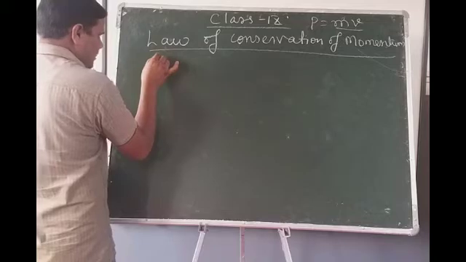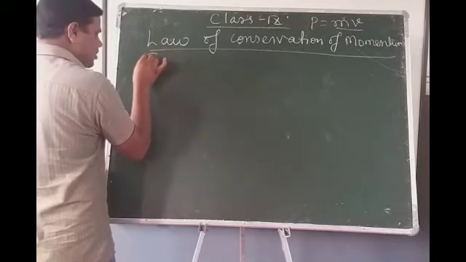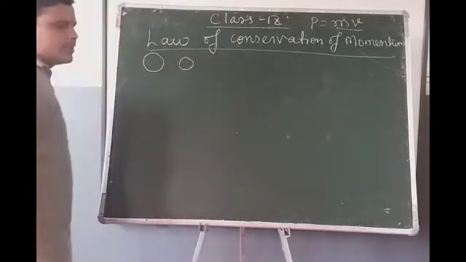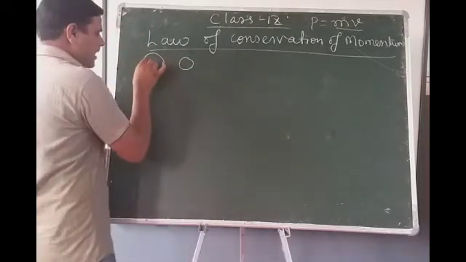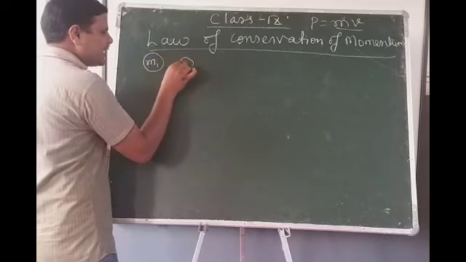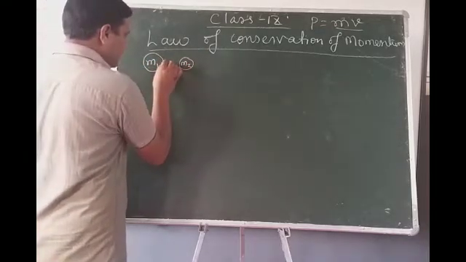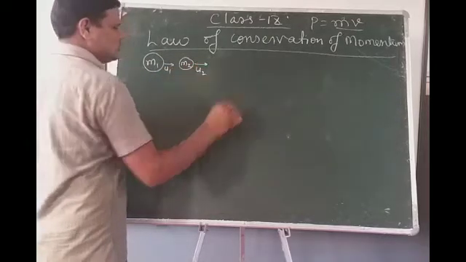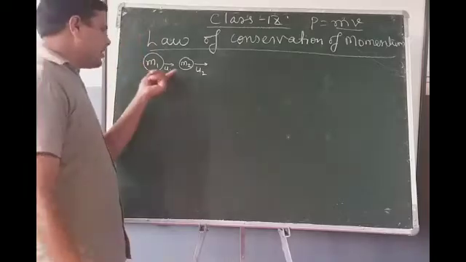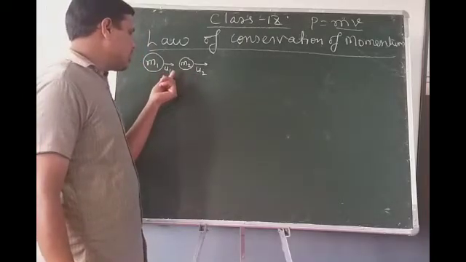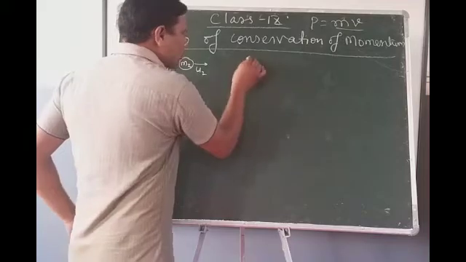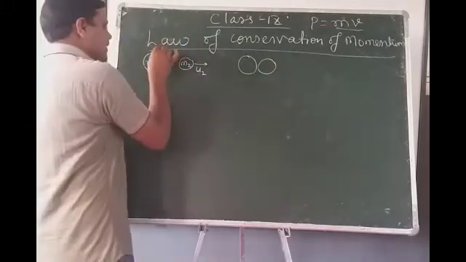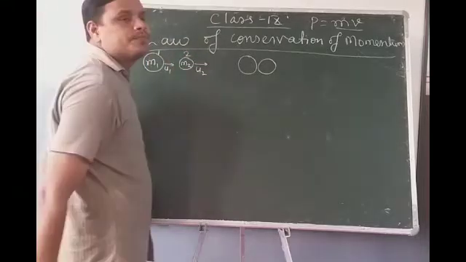Now see. Suppose two bodies of mass m1 and m2 are moving with velocities u1 and u2. They collide with each other. Suppose these two bodies are 1 and 2.